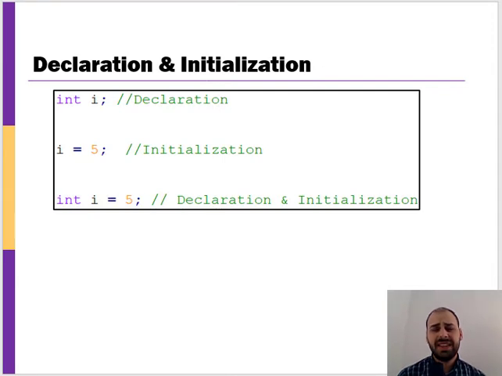Now, I want to start this off. Let's take a look at the syntax for declaring and initializing a variable in C. The first thing I want to point out is this line here for declaring a variable. In particular, this statement right here is declaring a data type, particularly an integer data type.